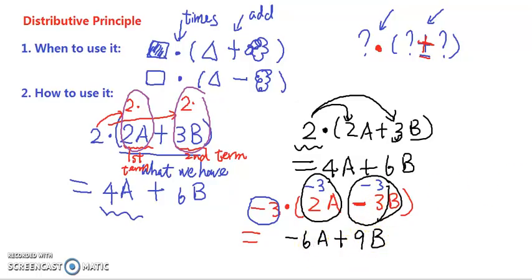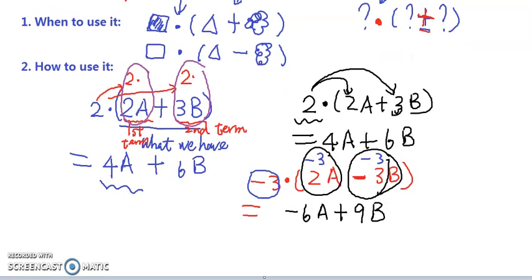We can also look at problems with fractions in there. So for example, say we have 2/5 times 10a minus 5b.